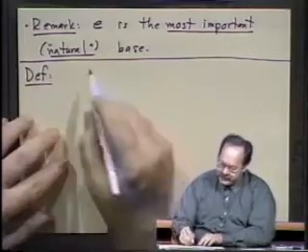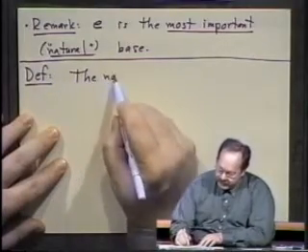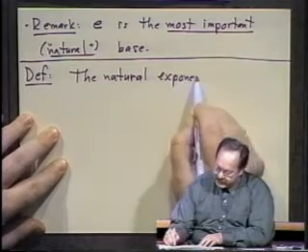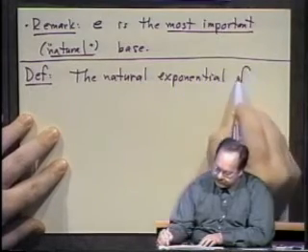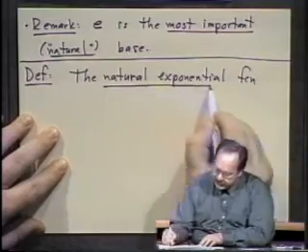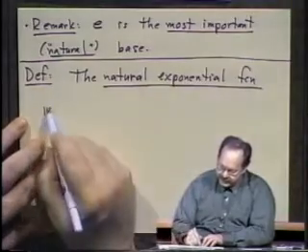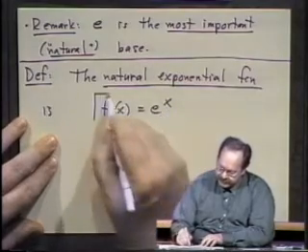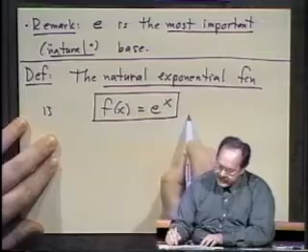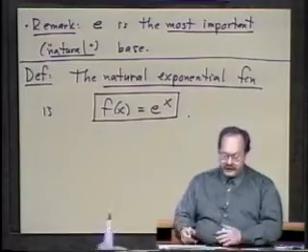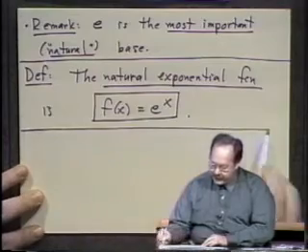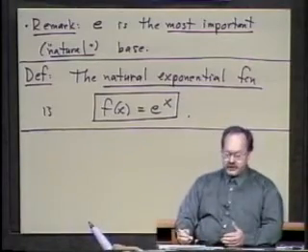And you know what it's going to be. The natural exponential function is, well, what else? f(x) = e^x. So the base is e, that new irrational number, and that's what the natural exponential function looks like. And just for the record, what will its graph look like?